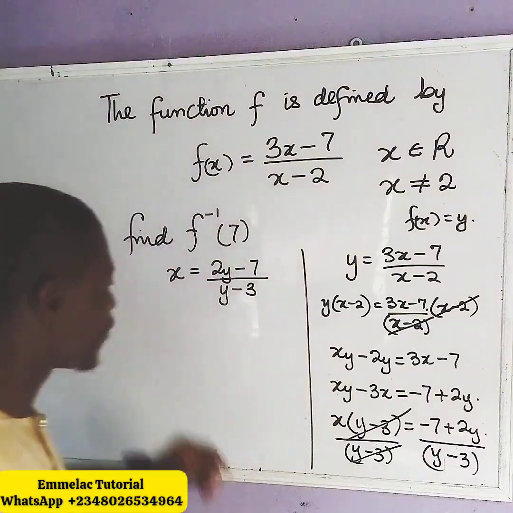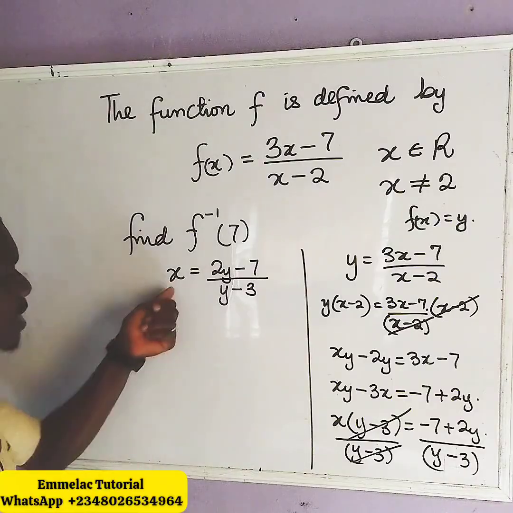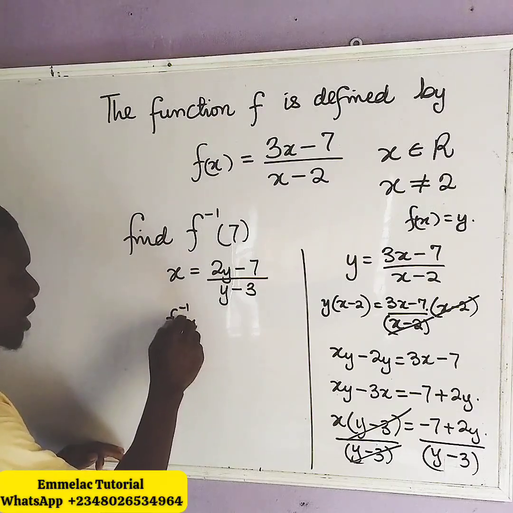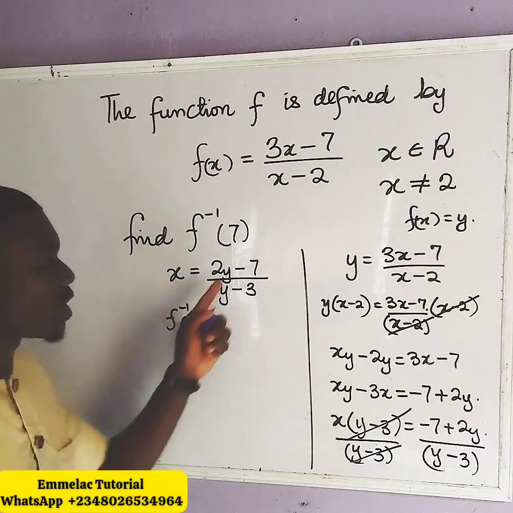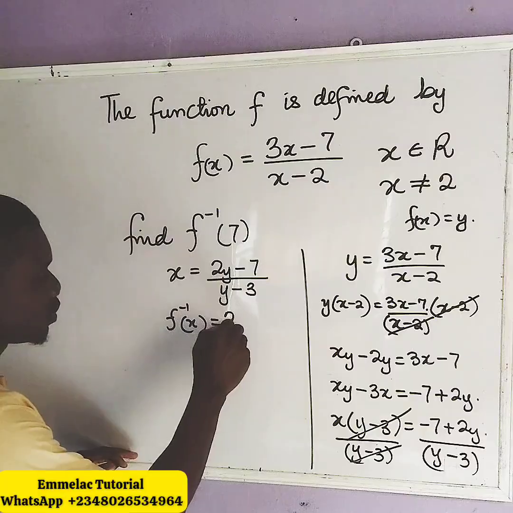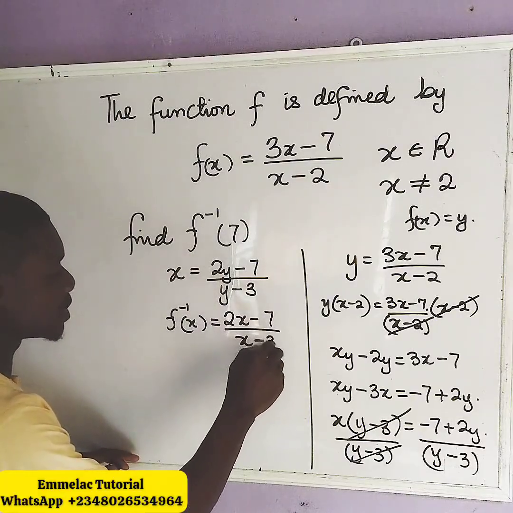Now that we've made x the subject of the relation, we can rewrite x as the inverse function of x. Wherever we see y, we replace it with x. So here you have 2x minus 7 all over x minus 3.